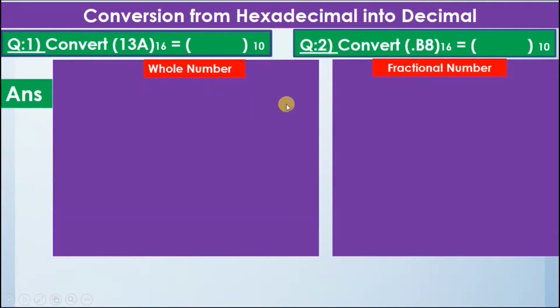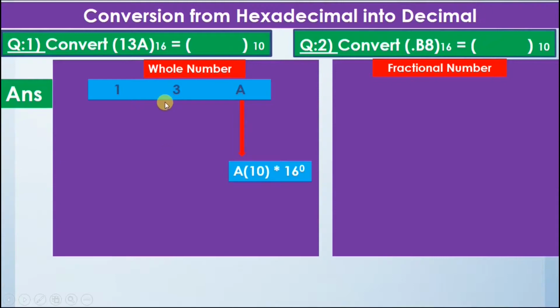We are given the whole number 13A. Once again, while moving away from the decimal point, we will multiply the digits with powers of 16 starting from 0 onwards. We will take the digit A and multiply it with 16 raised to power 0. And remember, in hexadecimal, A is equal to 10.